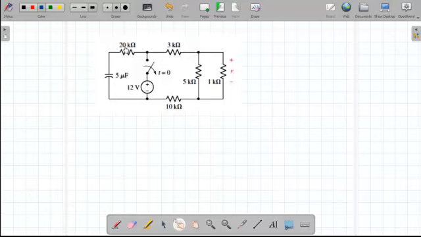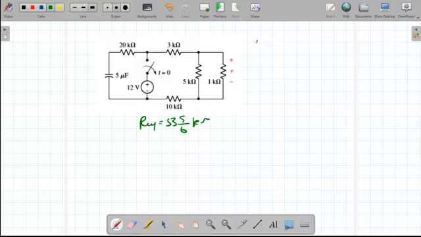10 plus 20 gives you 30. Then 3, and this one is 5 over 6. So the total resistor R equivalent will equal 33 5 over 6 kilo ohm.